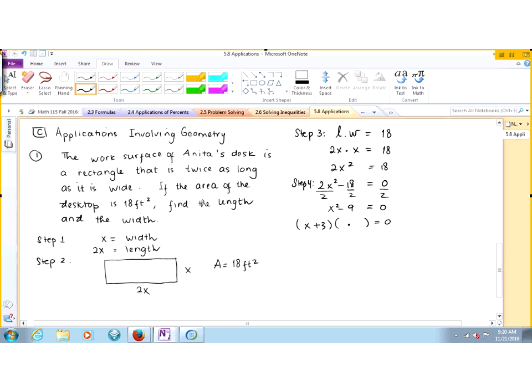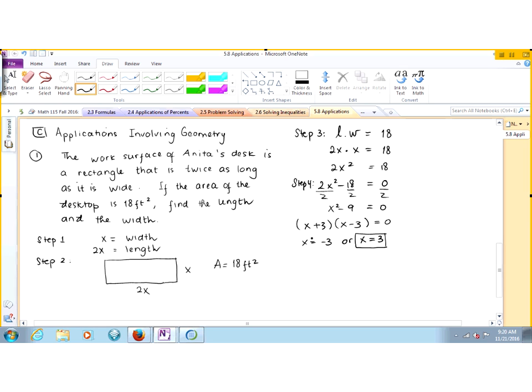How do we solve it? X plus 3, x minus 3? Okay, so x is equal to -3 or x is equal to 3. Which one do we take? Positive 3? All right.